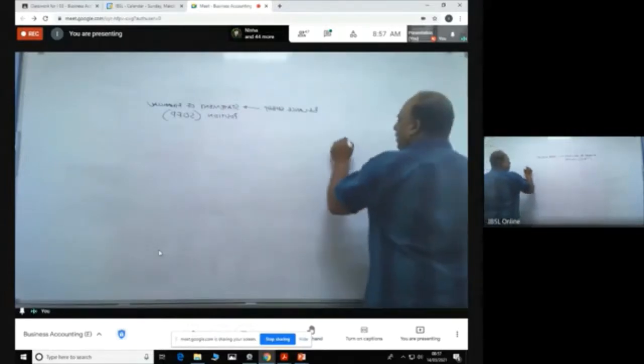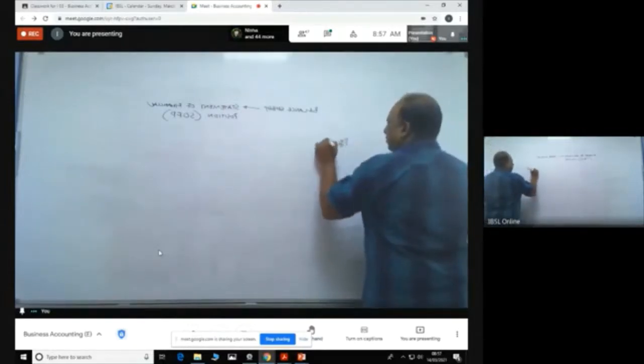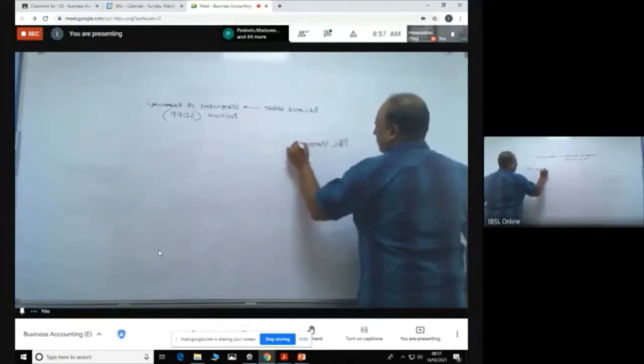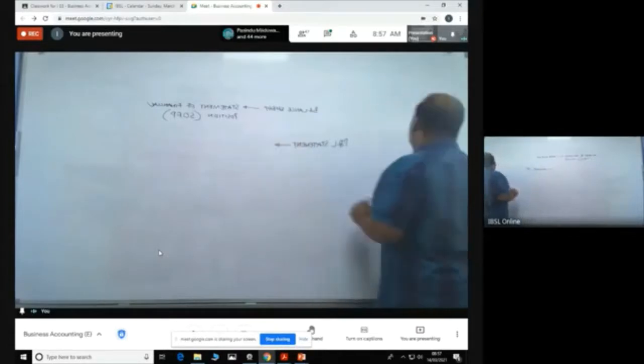Then we have the P&L statement. This P&L statement has undergone a lot of changes. People tend to call it as income statement, some people call it as profit or loss, some people call it statement of comprehensive income. So a lot of names are given.